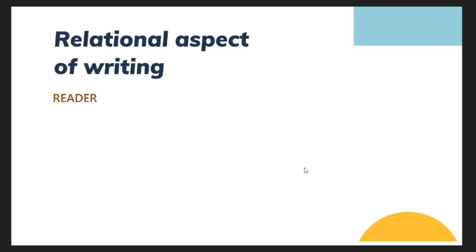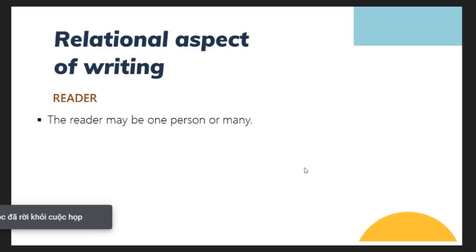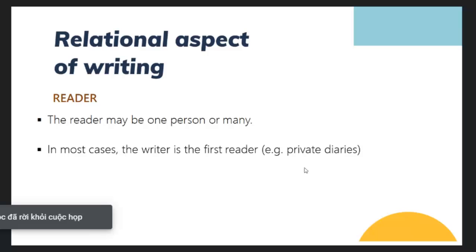Moving to the second element, which is the reader. The same as the writer, the reader can be one or many persons, and in some cases the writer will be the first reader who will provide suggestions for revision.